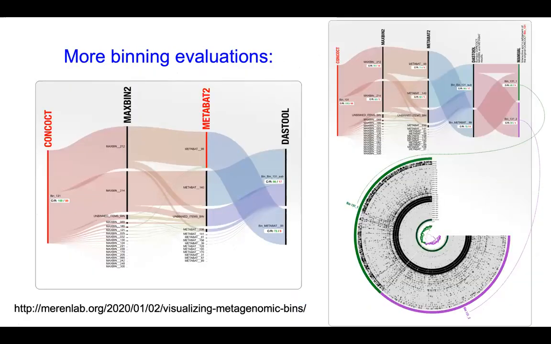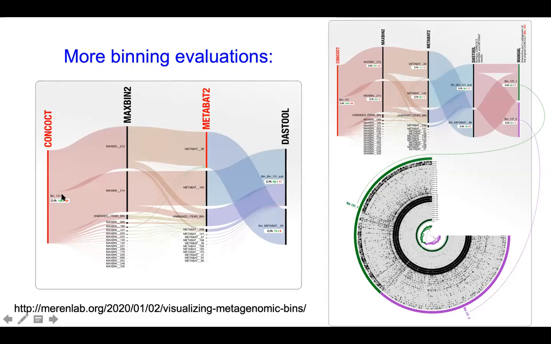This is a different way of evaluating bins. This is from a blog post recently put forward by Miran, who is the developer of Anvio. So he has some sort of an agenda here, but is generally very invested in making sure that these things are done well.